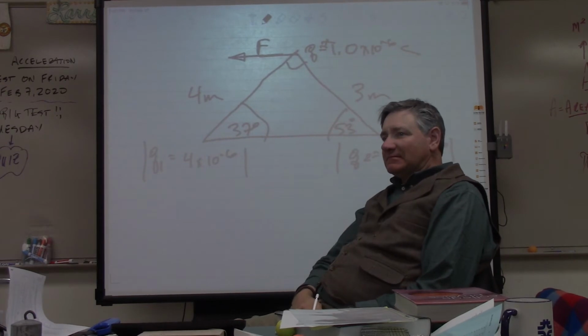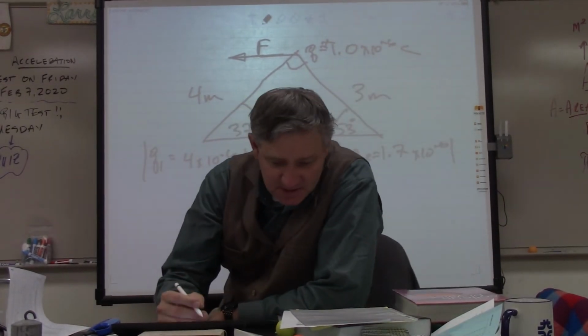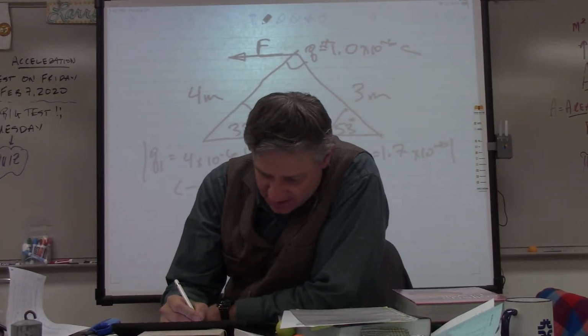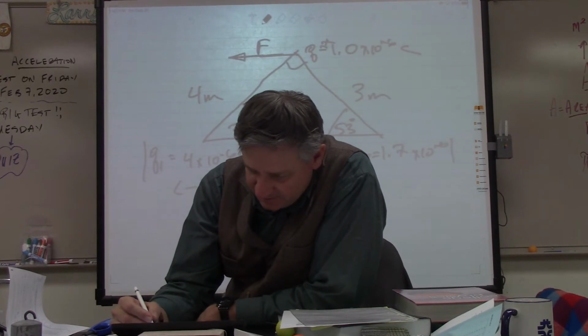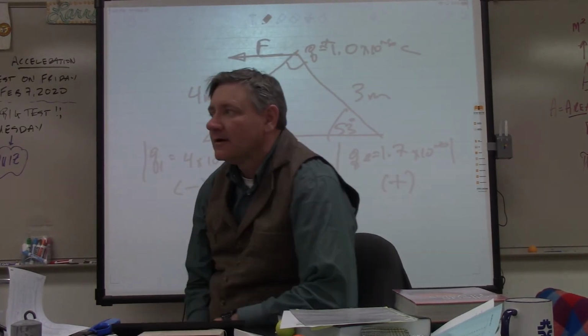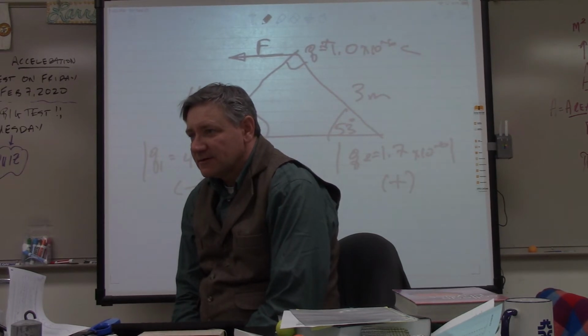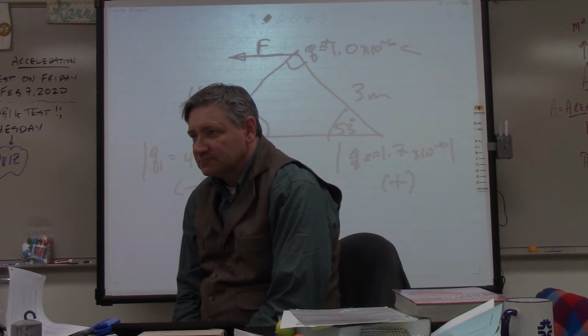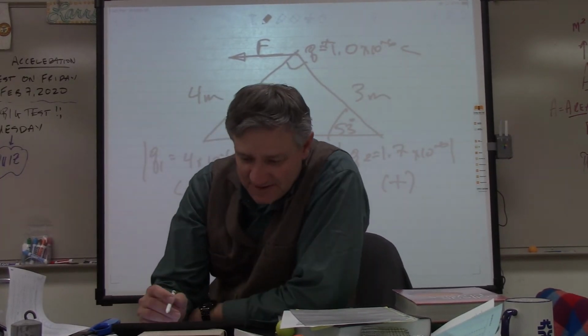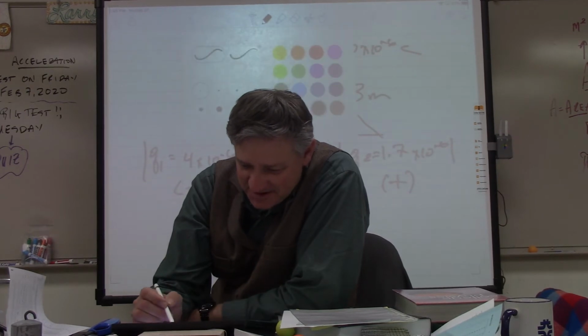Q1 is negative and Q2 is negative. You're saying Q1 is going to be negative, and Q2 positive. Why? Because negative attracts this way, and if we make that negative, then the net pull would be negative, meaning it goes that way. Okay, so let's try. It makes sense in my mind.